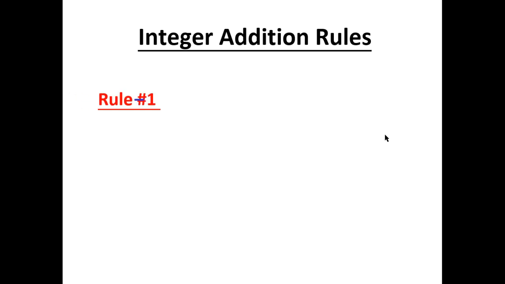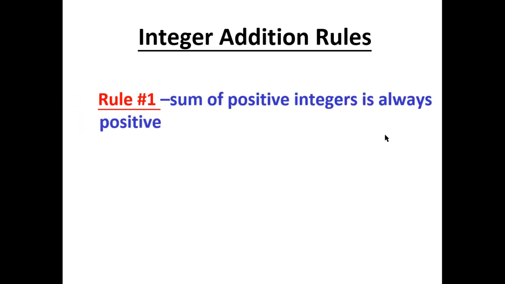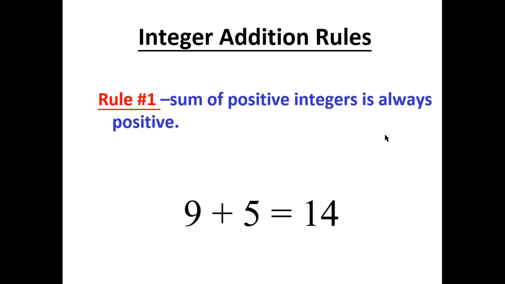Integer addition, rule first. Sum of positive integers is always positive. 9 and 5. Here are 2 positive integers. Their sum will be positive. It will be equal to 14.